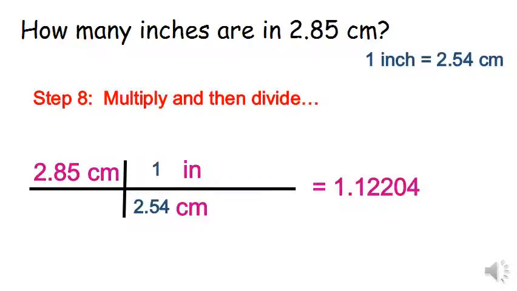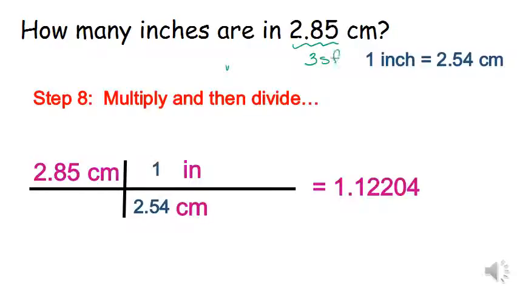Does that mean we're done? No, it wouldn't be that easy. Remember, all measurements contain both a number and a unit. And the number has to pay attention to significant figures. Our initial measurement was 2.85. How many sig figs are there in 2.85? That is correct.